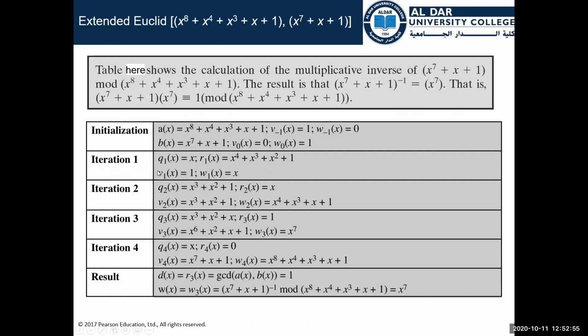I don't want you to get into these details. It is a little difficult and outside of this course. I just want you to know that there is an algorithm called the extended Euclidean algorithm to calculate the multiplicative inverse of numbers in GF of 2 to the power n.